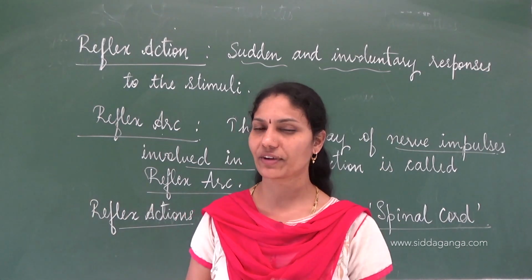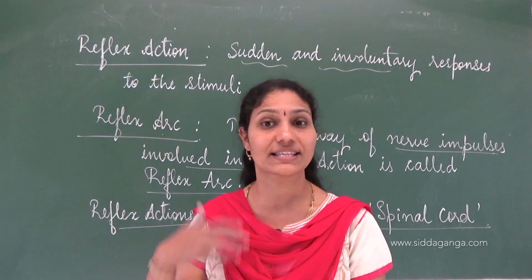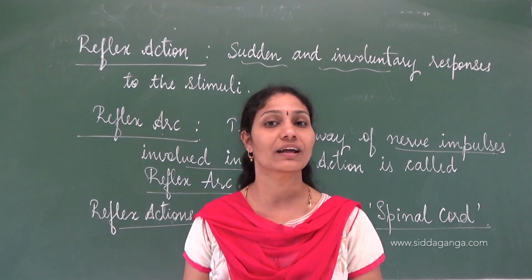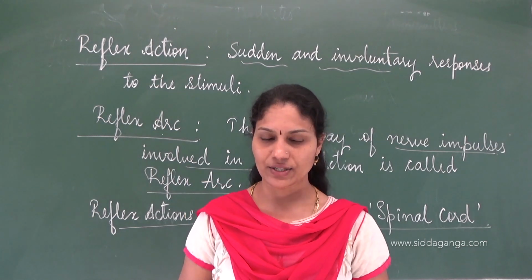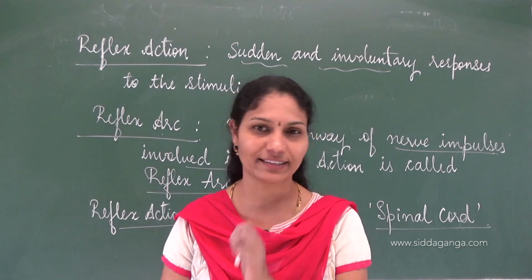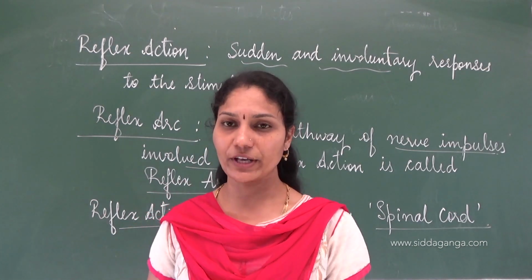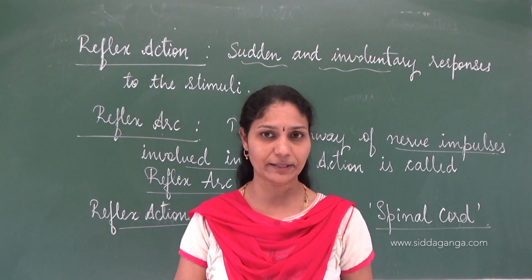These reflex actions are very vital in order to protect us and save us from danger. Usually reflex actions happen to save us from dangerous situations. Our sense organs sense that there is a danger, a threat, and we need to protect ourselves from it.